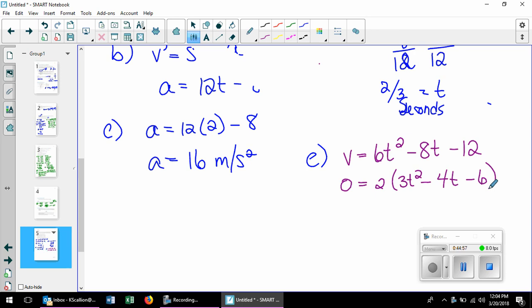It's okay. I'm walking over to get my phone. I don't want to do the quadratic formula. I just have an equation solver.